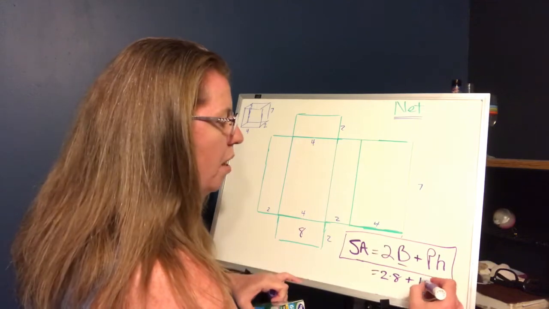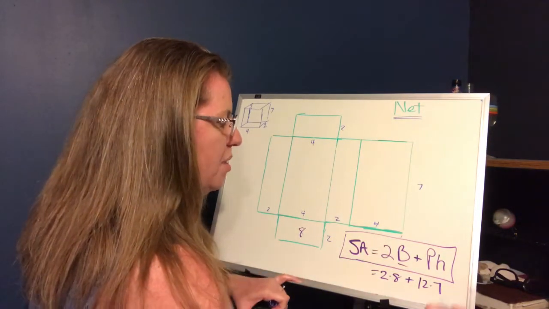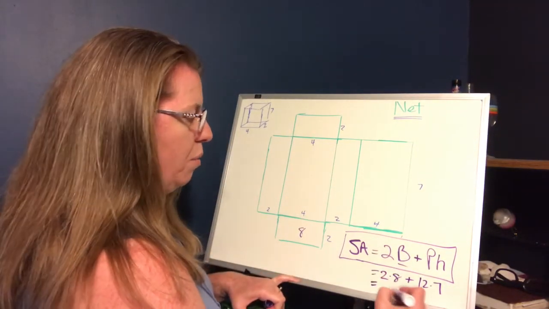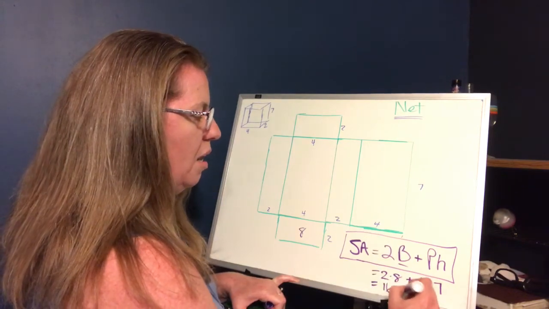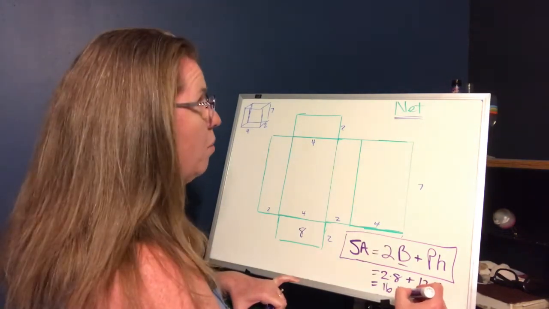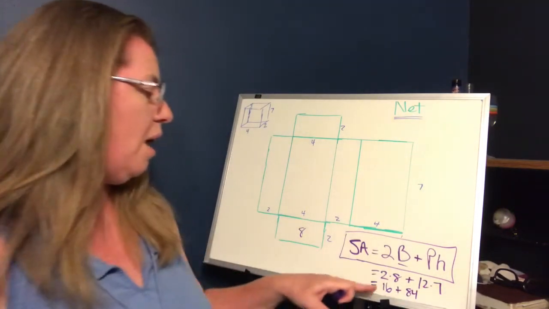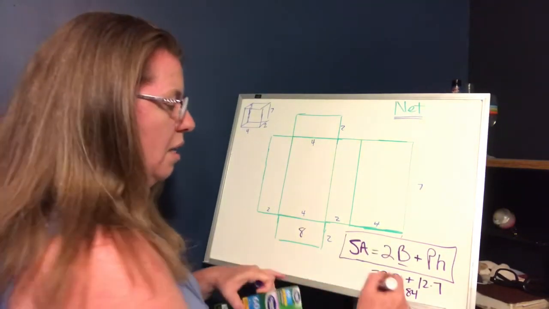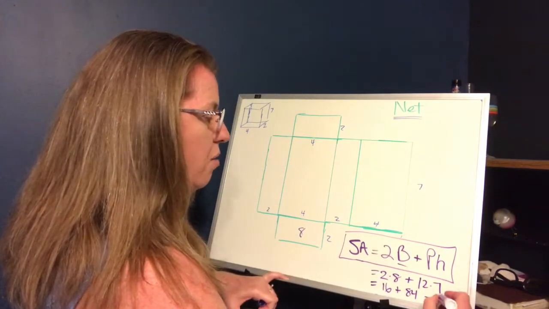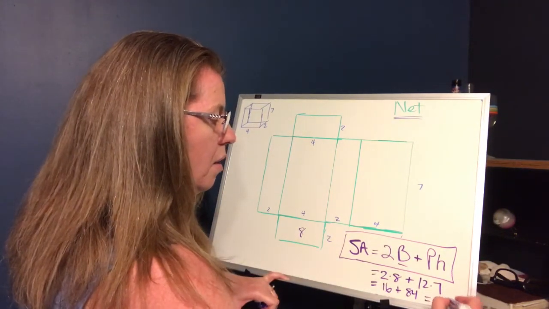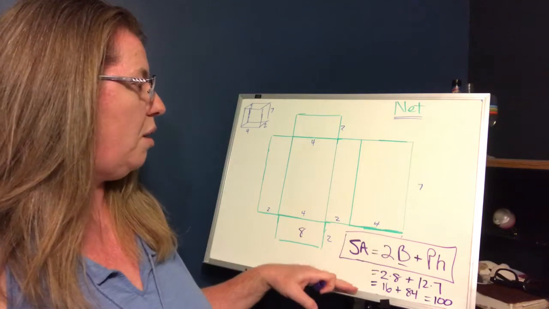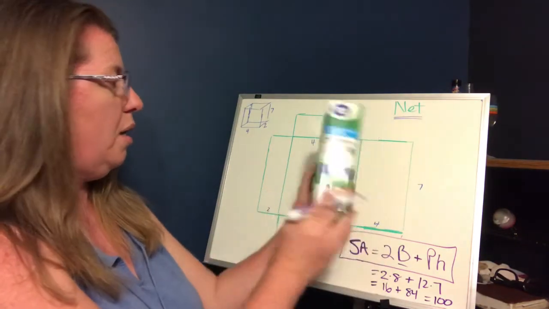So we have 12 times my height of 7. And we're going to put these together. 16 plus 12 times 7. What one is that one? That is 84, I hope. We're going to add that together to give us 100. Nice. All right, and that is our surface area of this box right here.